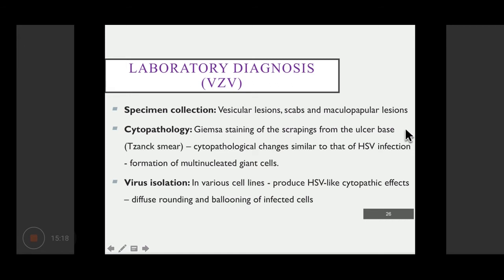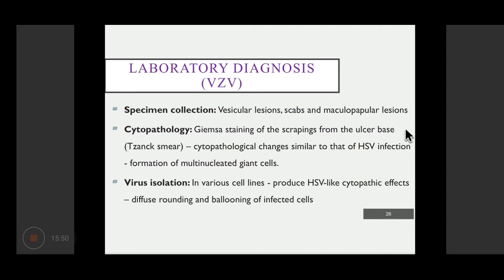For diagnosing chickenpox or varicella zoster virus, most of the cases are generally diagnosed clinically, and very less commonly laboratory support is required. The specimens that can be collected include vesicular lesions or the scab or the maculopapular lesions, the secretions or exudates from that. The first thing that can be done is preparing a Giemsa staining from the scraping of the ulcer base.